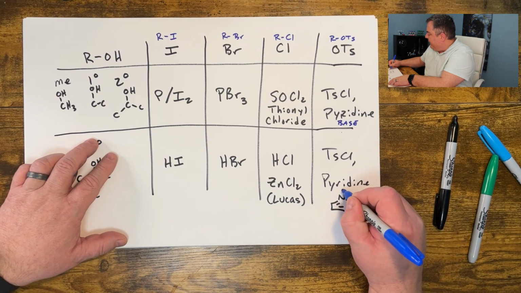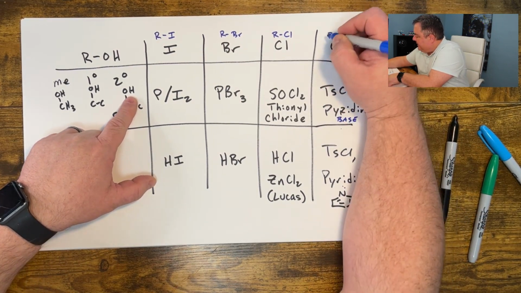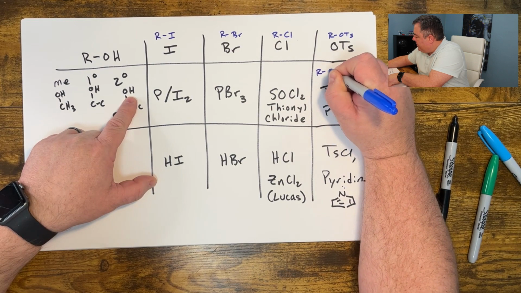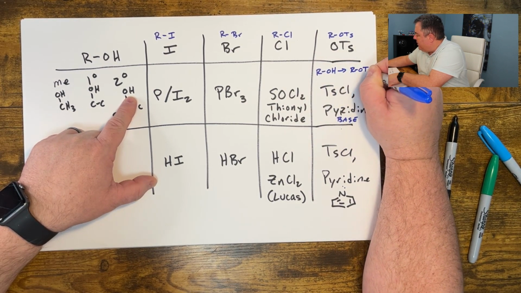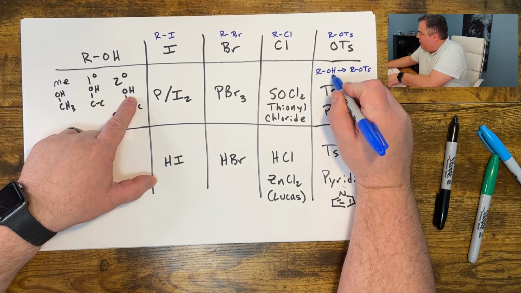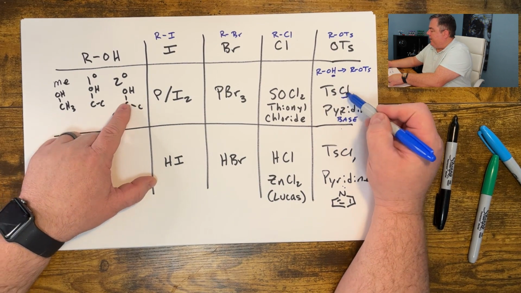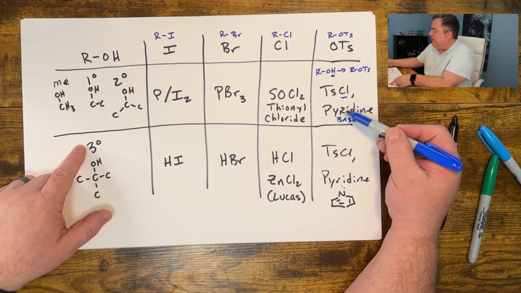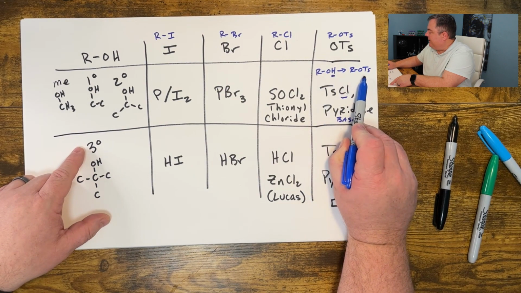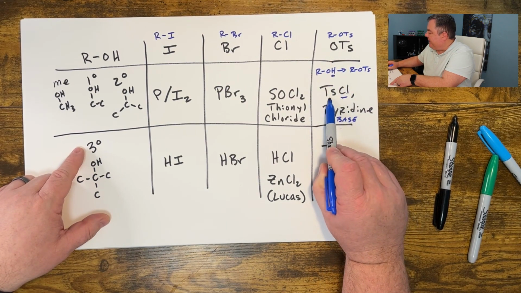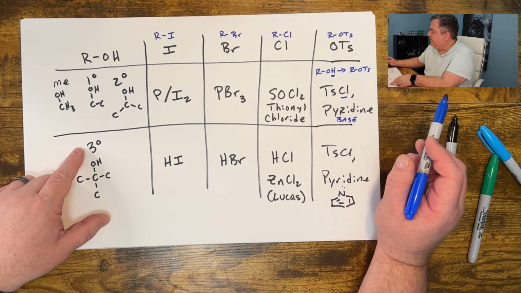So what I want you to notice is to make this, you're going to pull off this hydrogen. It's going to react with this chlorine and HCl falls off. The base pyridine soaks it up and you end up with this oxygen bonded to the tosylate group to make a tosylate, ROTs.